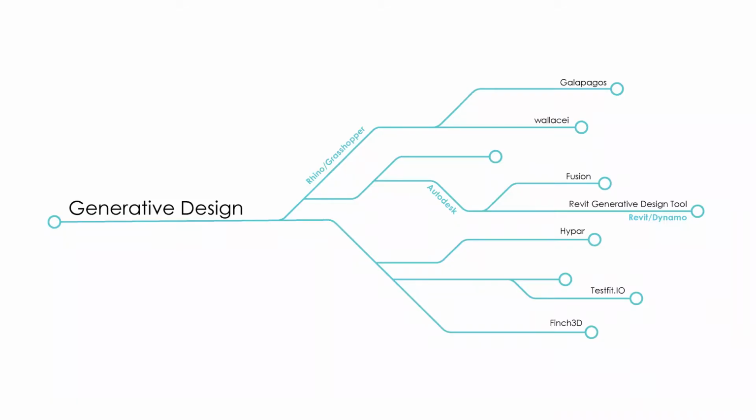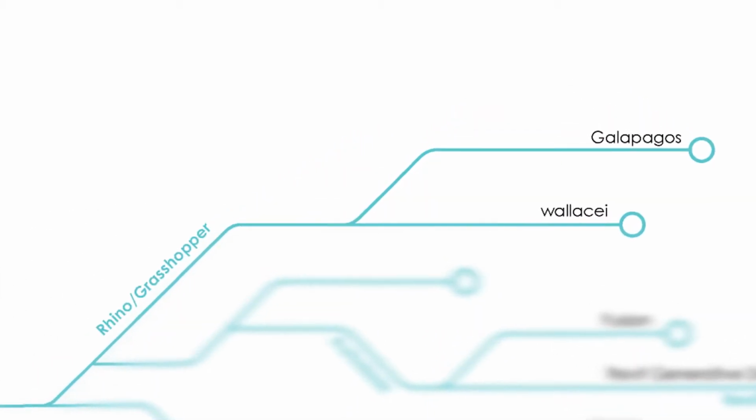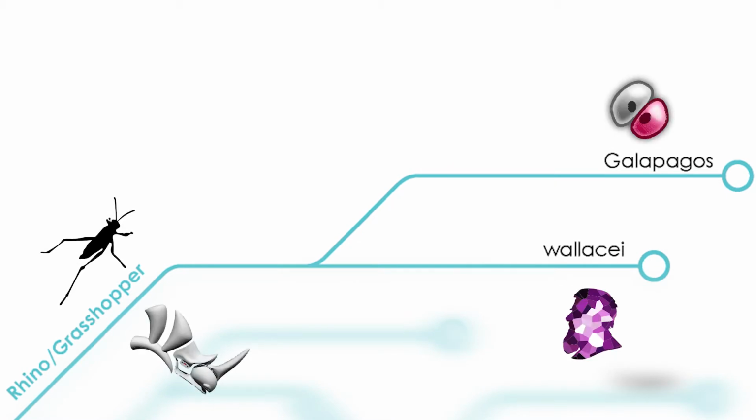So what we have in front of us is kind of like this branch, and you could see all the different branches and some of the different products that are out there that are pretty popular that use this terminology. If you look at the top, we have McNeel Associates that provide Rhino and Grasshopper, and you could see how via Grasshopper you could have Galapagos and Wallacei. So with Grasshopper, you could pretty much visually code your relationships, but then you can have certain parameters that are variable inputs.